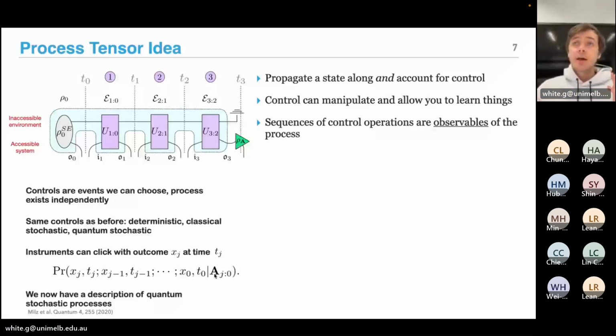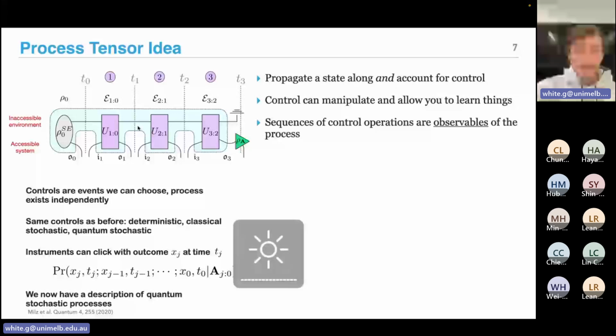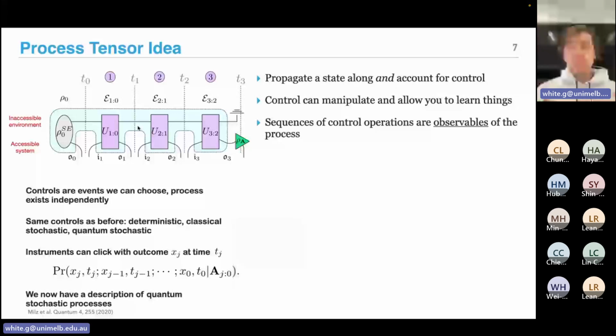So in the same way that, say, a density matrix generalizes a classical probability distribution to the quantum setting, so too does a process tensor generalize a classical stochastic process to the quantum setting. So in the state case, you pick a basis in which to measure a many-body state, and you obtain some joint probability distribution conditioned on that basis.